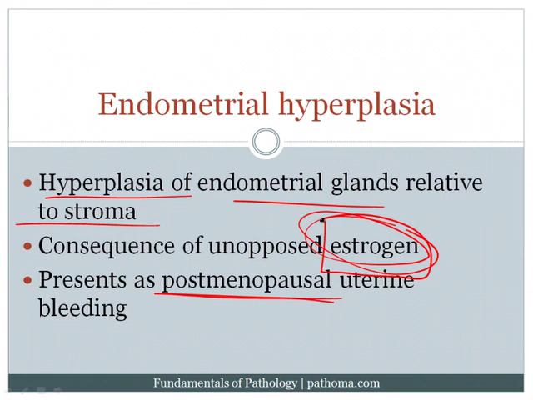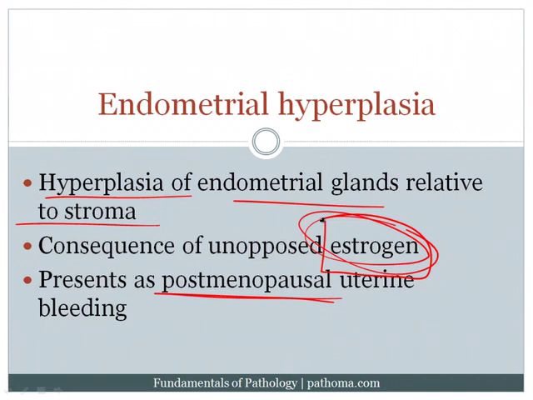In obesity, we know that androgen gets converted to estrone, an estrogen, in the fat. So adipose tissue can convert androgen to estrone. That peripheral conversion to estrone will then hit the endometrium and cause the endometrium to undergo a hyperplasia. So that's one of the classic examples in which a patient might have endometrial hyperplasia.